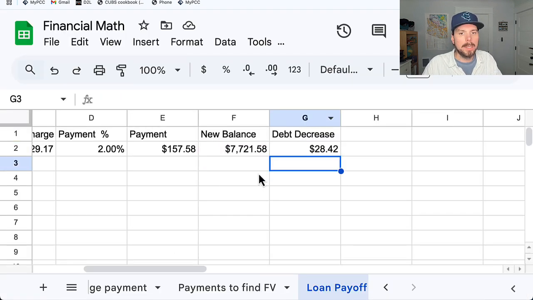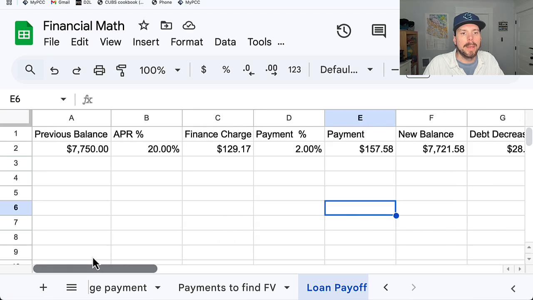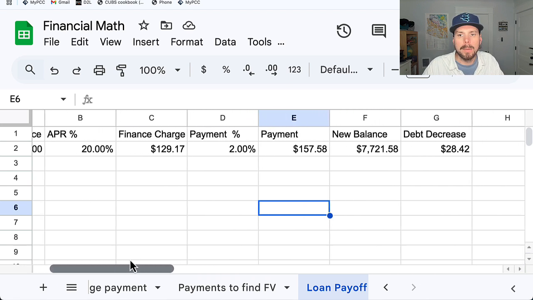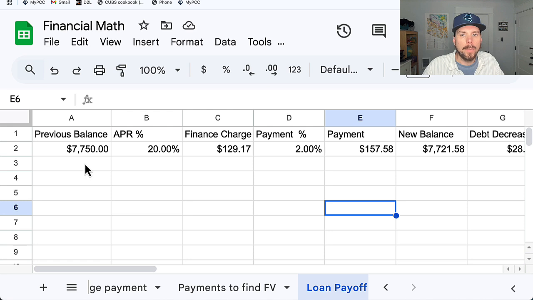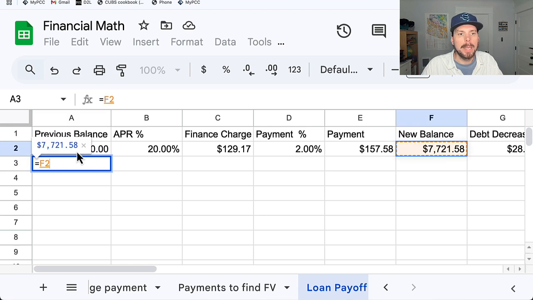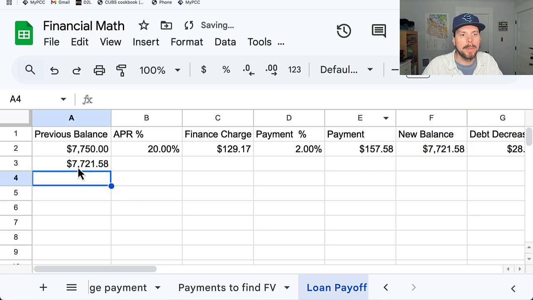And we could actually continue this process and create a table and watch this loan get paid off. Let's check out what that would look like. First, I would now use the new balance as a previous balance. So I'm in A3 under previous balance, I'm just going to do equals F2, and that just brings that amount down in there.